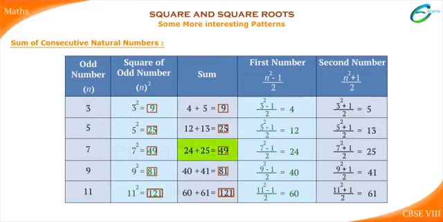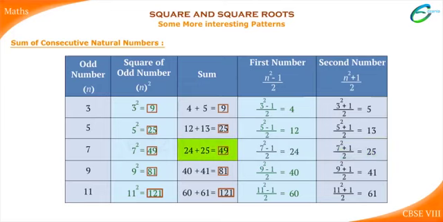Let us find the two consecutive natural numbers for 49. Here take n equal to 7. The first number is (7 square minus 1) upon 2, which is equal to 48 upon 2, that is equal to 24. The second number is (7 square plus 1) upon 2, which is equal to 50 upon 2, that is equal to 25.